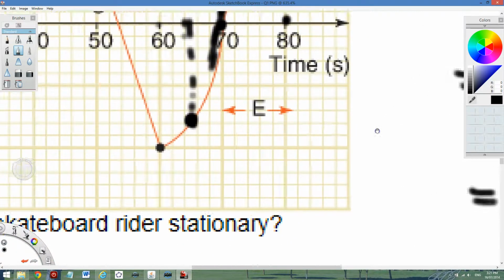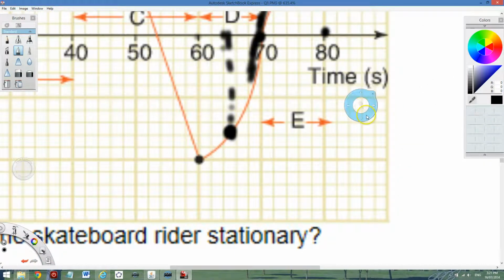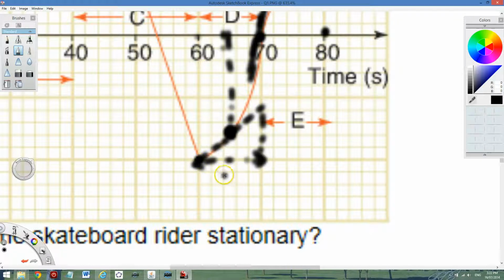But what we can do is I can show you. Let's enlarge the graph. We need to find the gradient at this point. So what we do is we draw a straight line, something like this, and we find its gradient. The horizontal distance is 10 seconds.